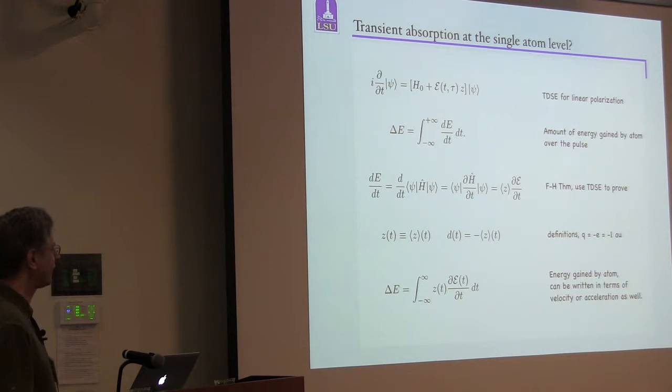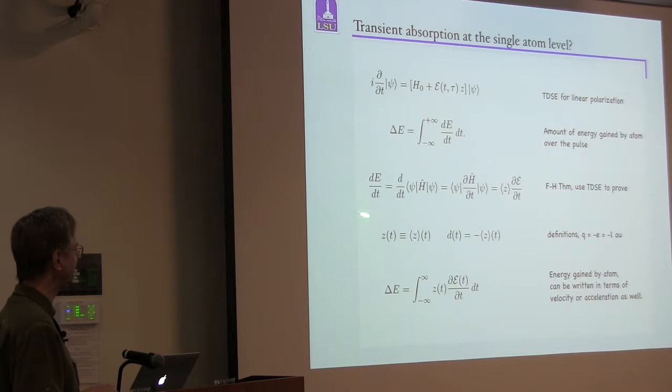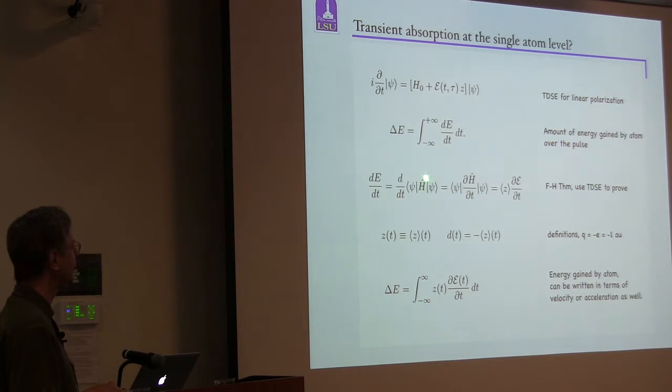Now I can use the Feynman-Hellmann theorem and the TDSE to prove that the rate at which the energy changes, the time derivative of the expectation value of the Hamiltonian, all the terms that involve d psi dt cancel out when you use the Schrodinger equation. All that's left is the partial derivative. In other words, does the Hamiltonian have an explicit dependence on time? Why, yes it does. That's in the electric field that's driving the whole system.